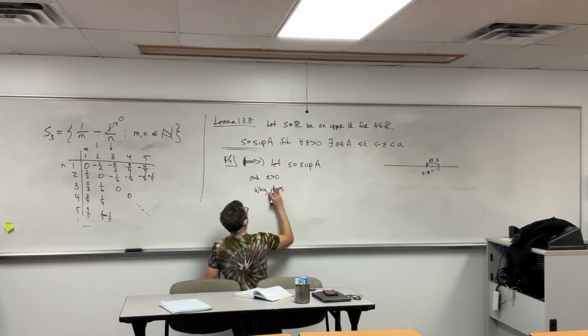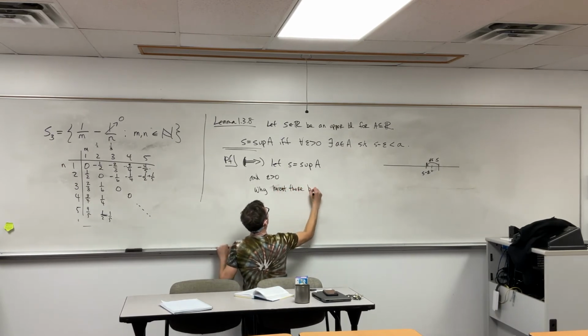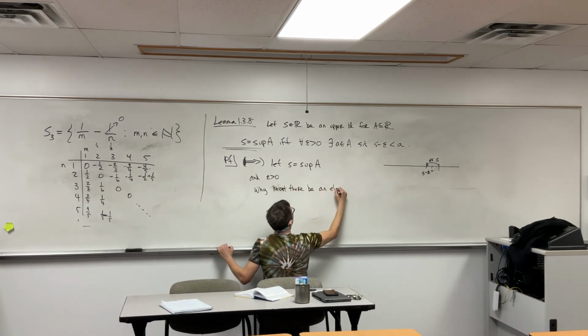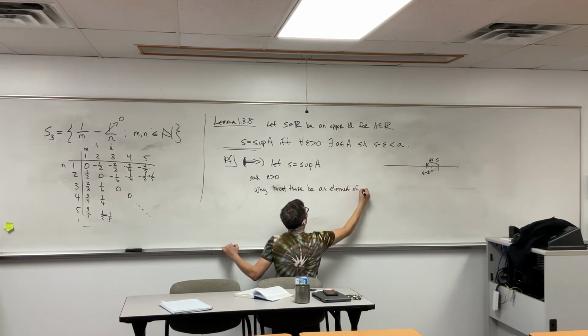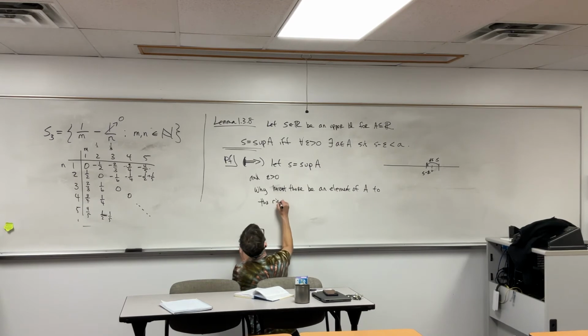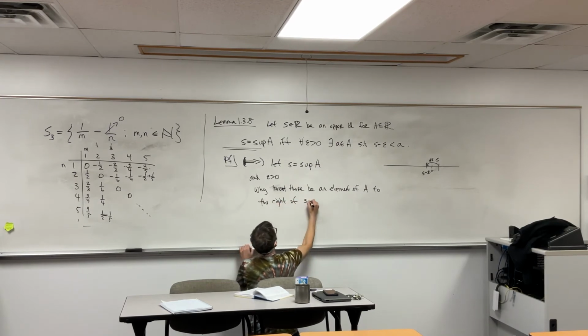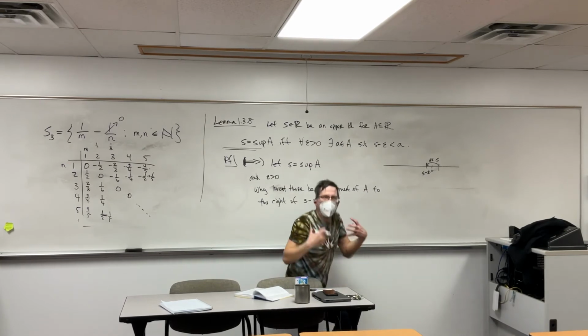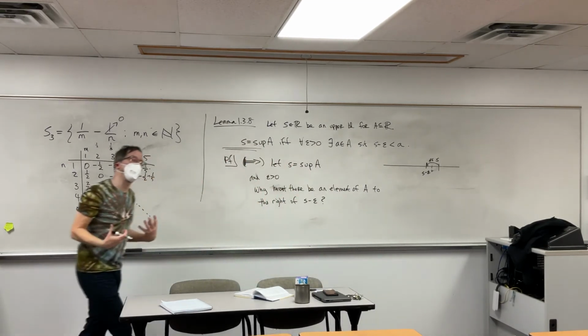Why must there be an element of A to the right of S minus epsilon? See if you can think this through in your head and answer that question.